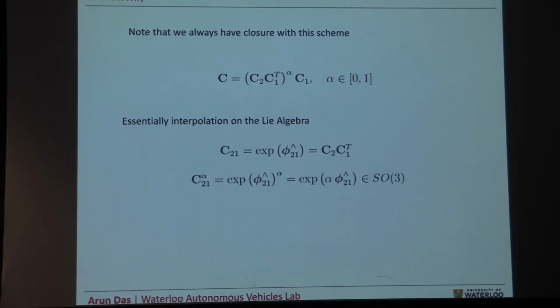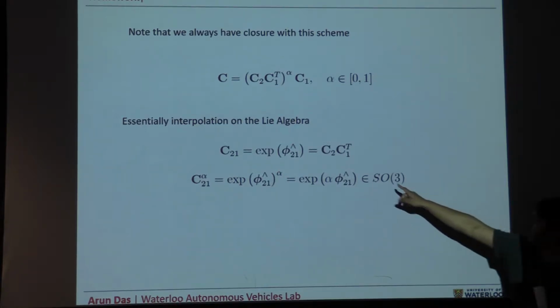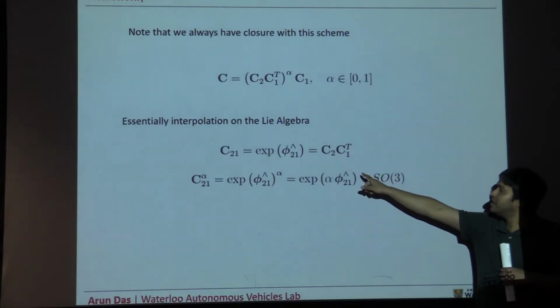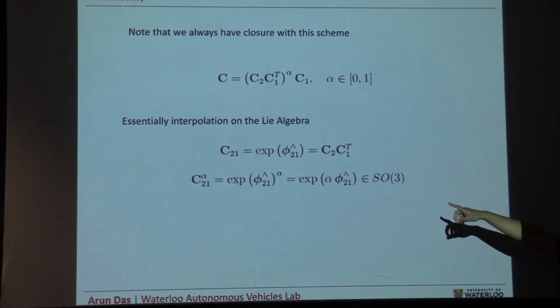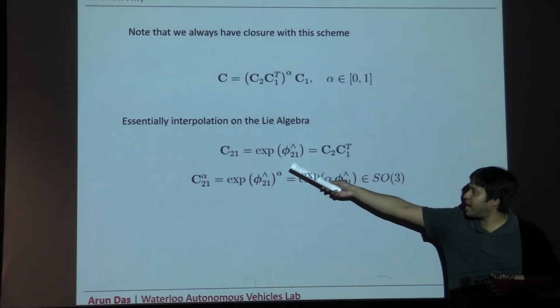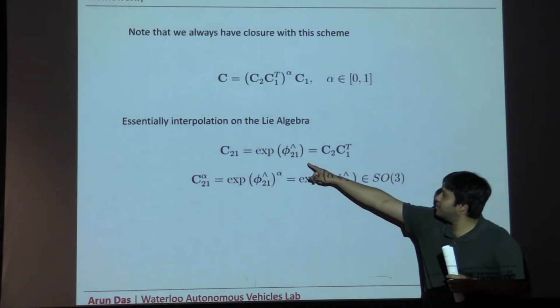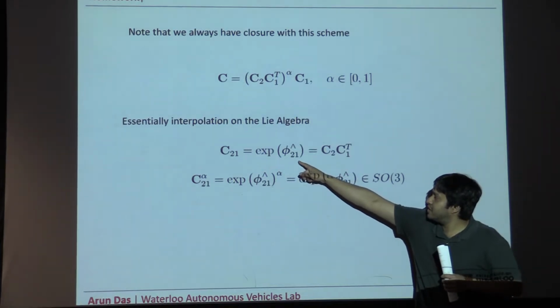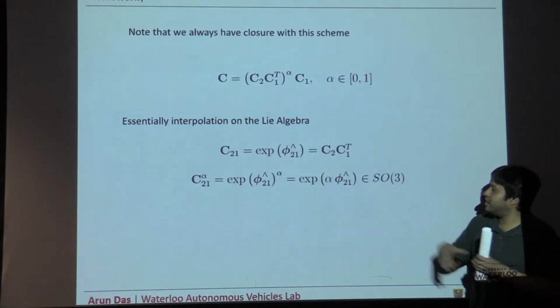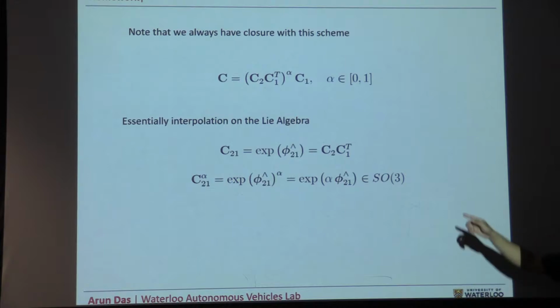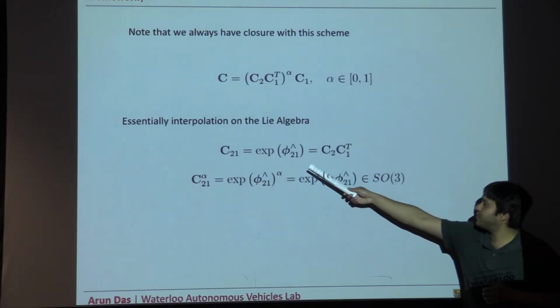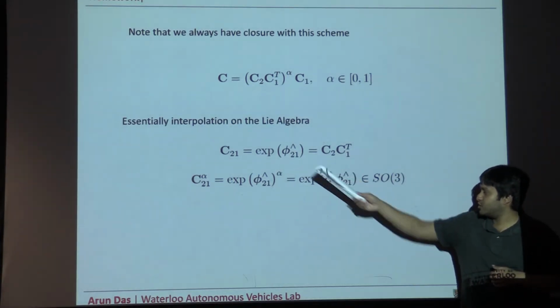If we now define this thing that was inside the bracket, C2 times C1 transpose, as C21, this is just equivalent to the exponential map of some equivalent element in the Lie algebra, small phi 2,1, in skew symmetric form, right? This is essentially what Ben was writing on the board, but using box minus. So you could do box minus and come up with this expression in the Lie algebra.